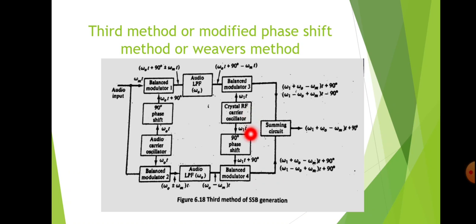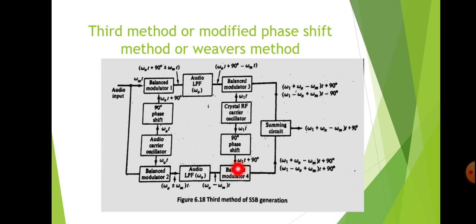So balanced modulator 3 and balanced modulator 4 produce two sidebands, and here the sidebands are given as, you know, the first one is omega 1 plus omega 0 t plus 90 degree minus omega m into t, and in the second case it produces the lower sideband, so it will be omega 1 minus omega 0 plus omega m minus 90 degree.